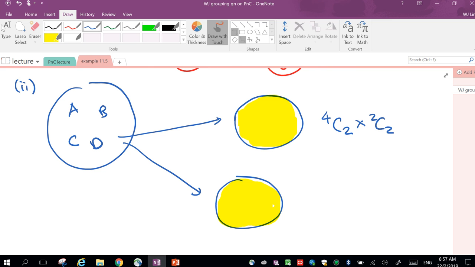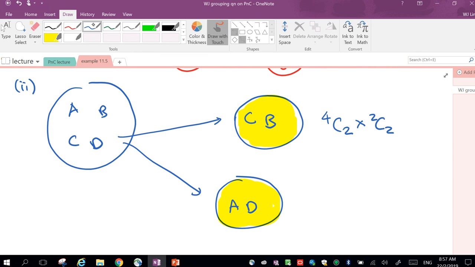Anyone guess what problem? Let's say the first yellow group I choose C and D. The other one I pick A and B. This is considered one selection, right? Agree?